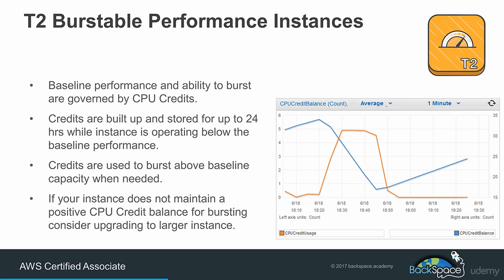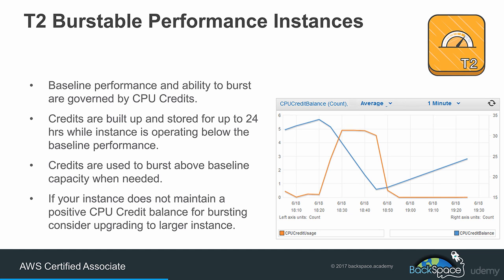One of the instance types that is quite unique is the T2 Burstable Performance Instance. This is a really good instance type to use for general purpose ERP and enterprise applications. It has a baseline performance that you should aim to be under, but it also has the ability to burst outside of that baseline performance.